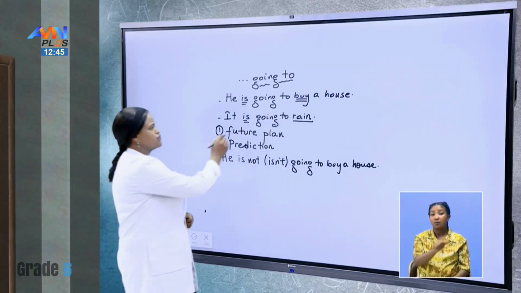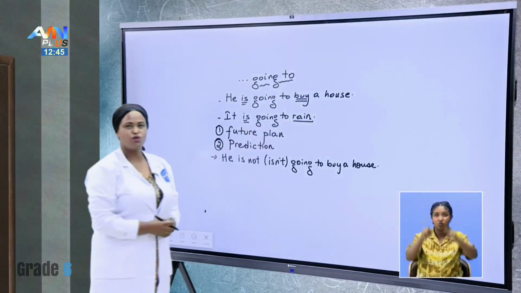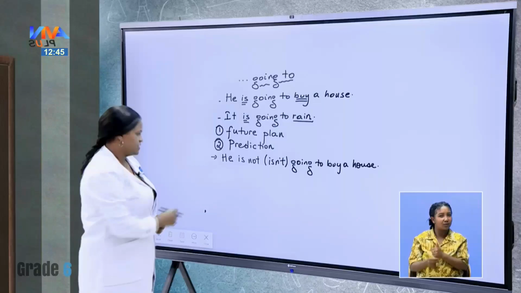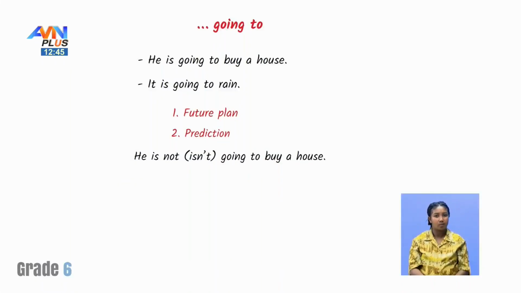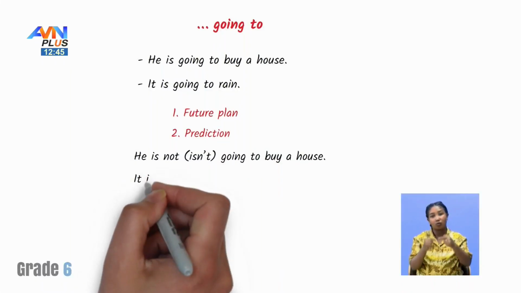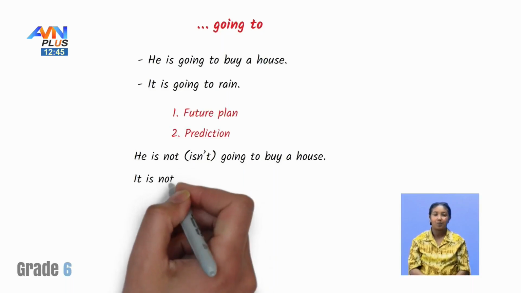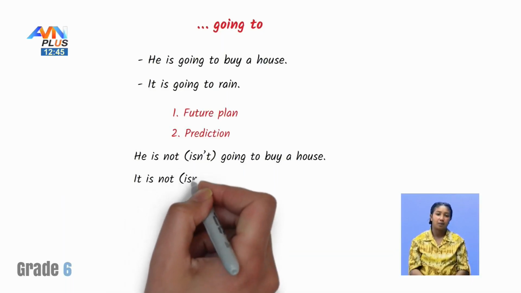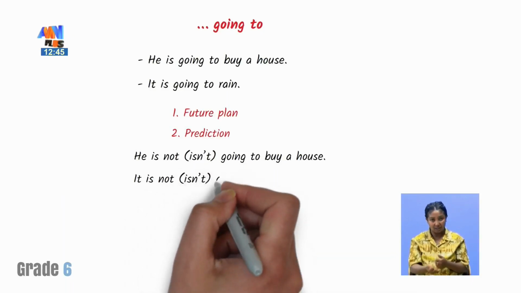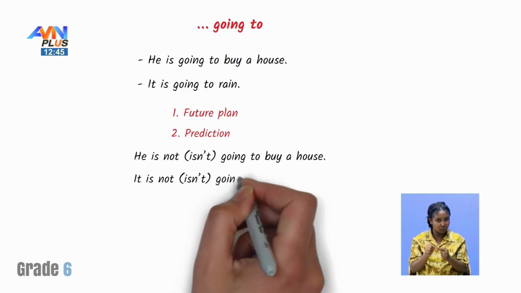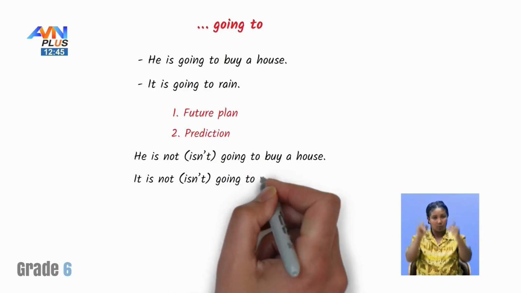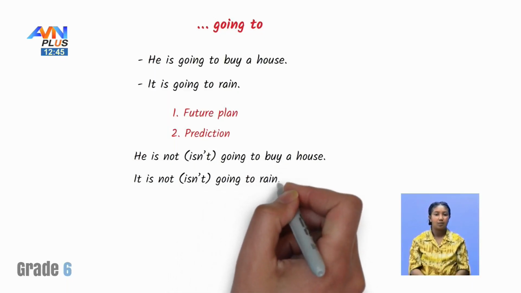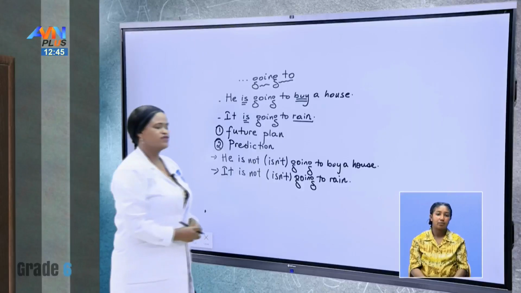And for the second one, it's going to rain. How can we make it negative? Yes, it's not going to rain. It is not, or it isn't, going to rain. Let's bring out the form now.